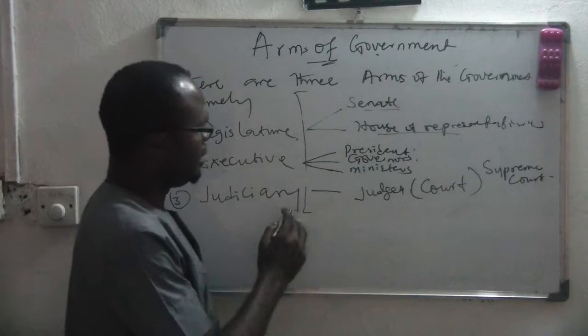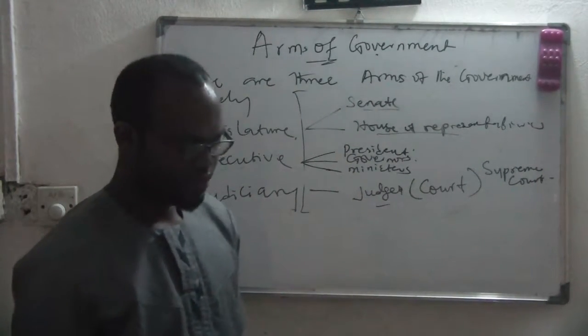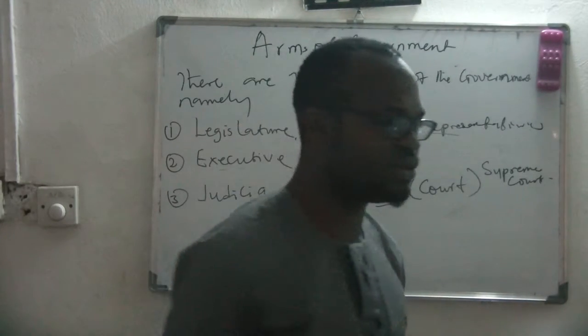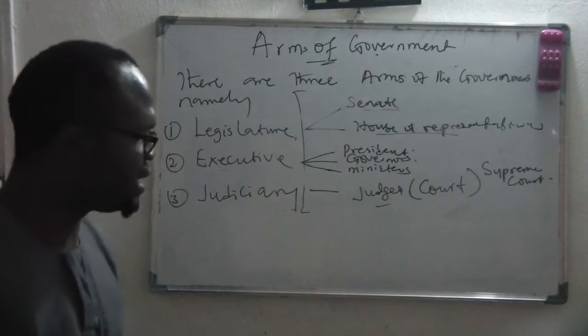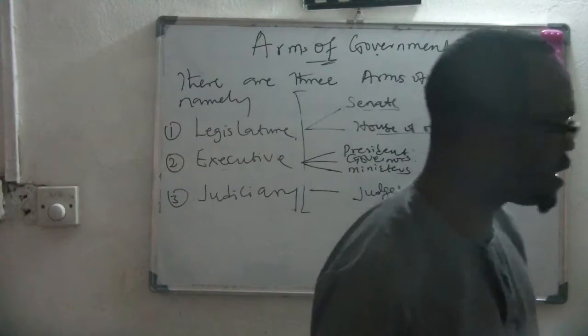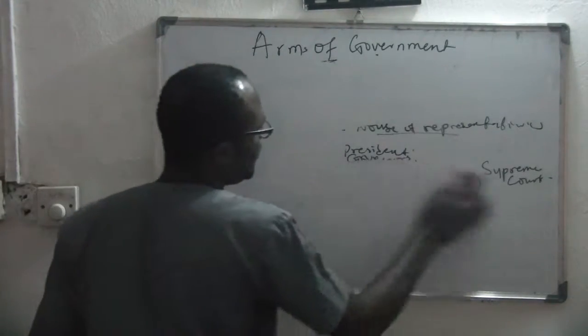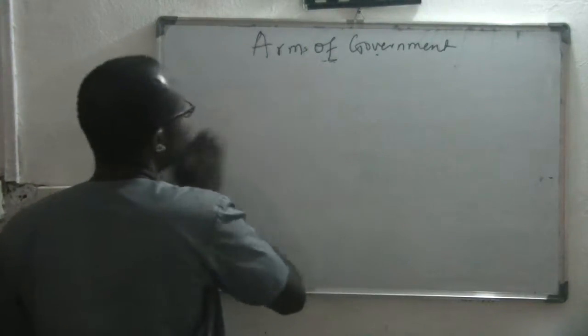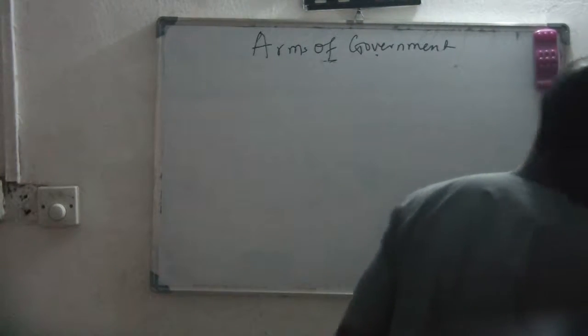The judiciary consists of the judges in the courts: the Supreme Court, the Court of Appeal, the Magistrate Courts. Now we're going to take them one by one so that we can learn their functions.